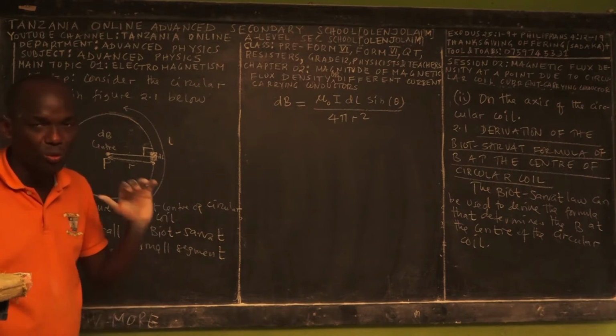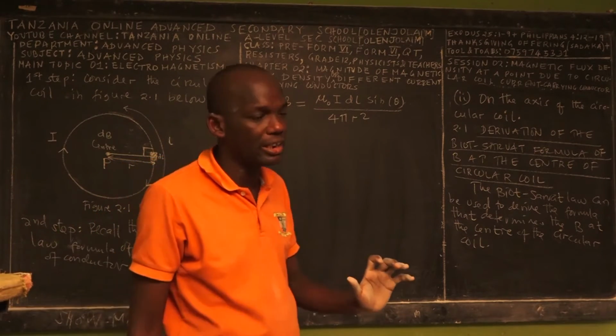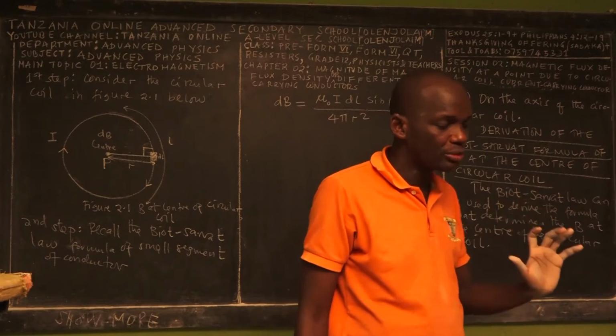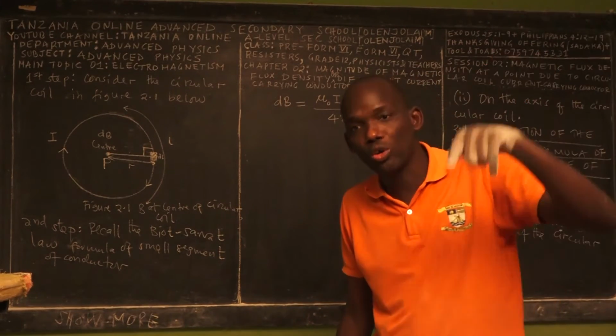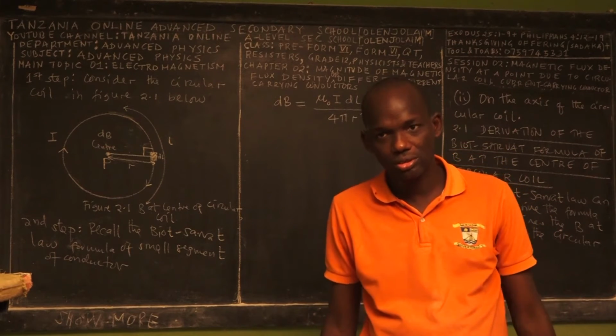But we want to derive the formula that will give us the magnetic flux density at the center due to the whole circular coil, not a small segment.